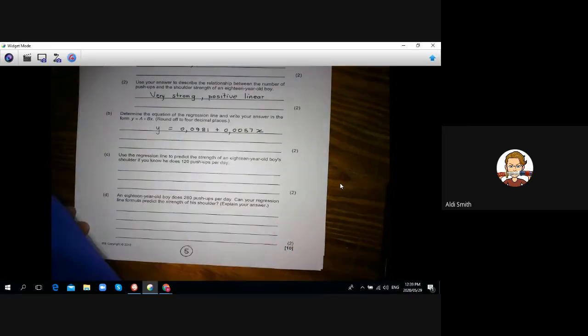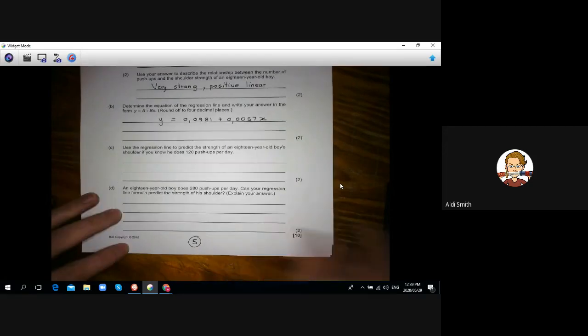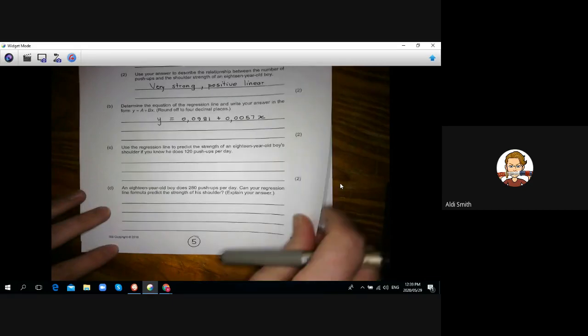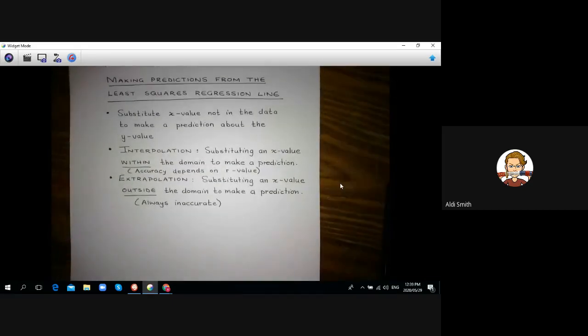Okay. Right, next. Now, let's talk about what we use this least squares regression line for. Least squares regression lines are used to make predictions. So we're going to make predictions based on this mathematical or statistical model. So we've now established a statistical model that says there's a relationship between X and Y. There's an association.